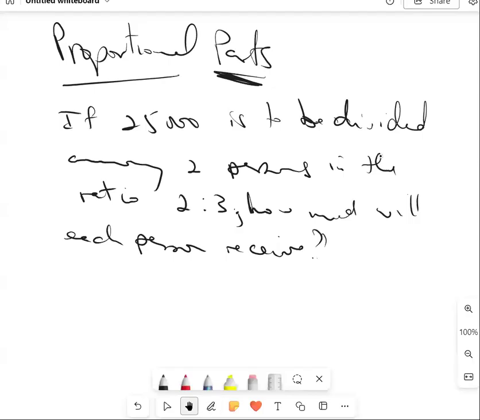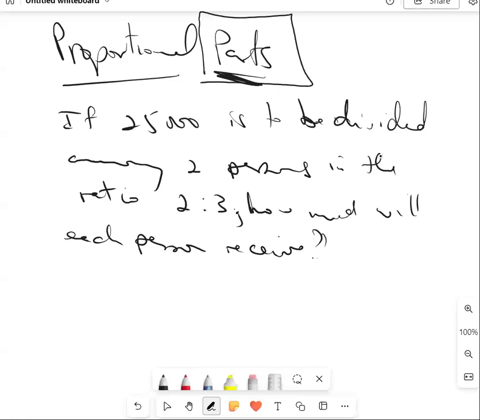Good. So there are various ways you can solve this problem. But I'll show you one way, where you calculate what we call proportional parts.